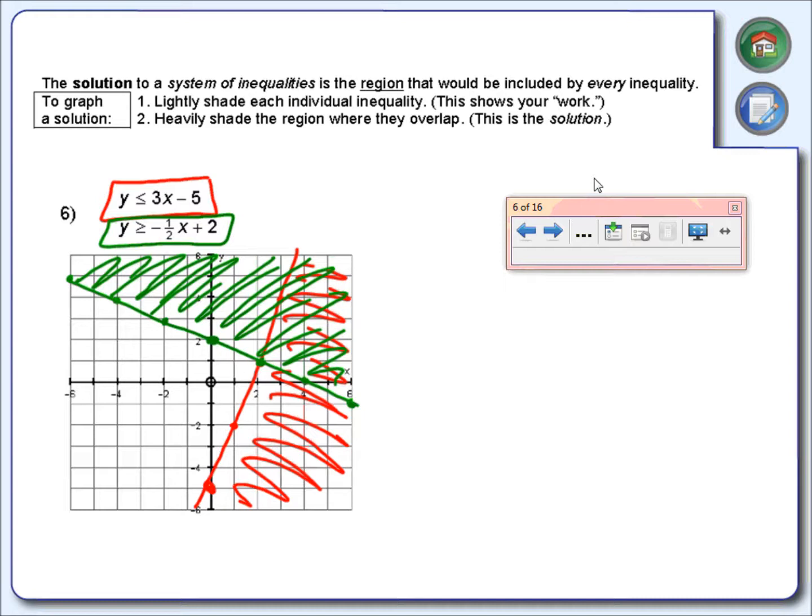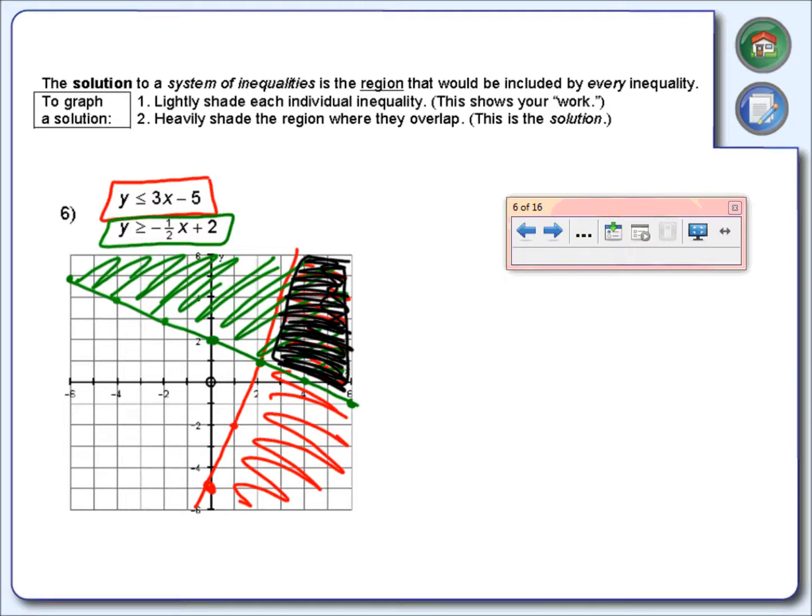Now here's the important part for us. What we're looking for is the region where they overlap. So what we're going to do is darken in this area right here. This is where the solutions are. Where those two colors meet is where the solutions to this system of inequalities would be. That's the part you're going to darken in.